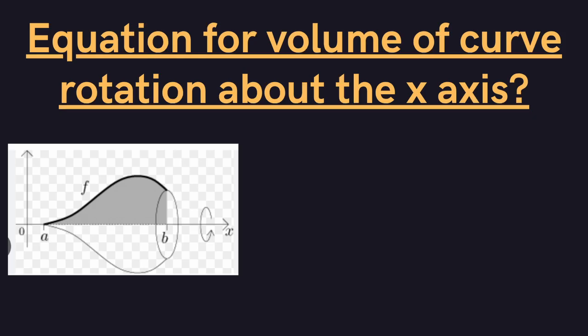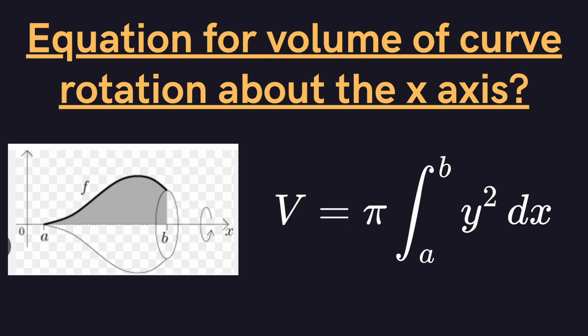First thing to remember here is, well, what's the equation for the volume of a curve about the x-axis? Well, that's simply just going to be V is equal to pi times the integral between a and b, y squared dx.